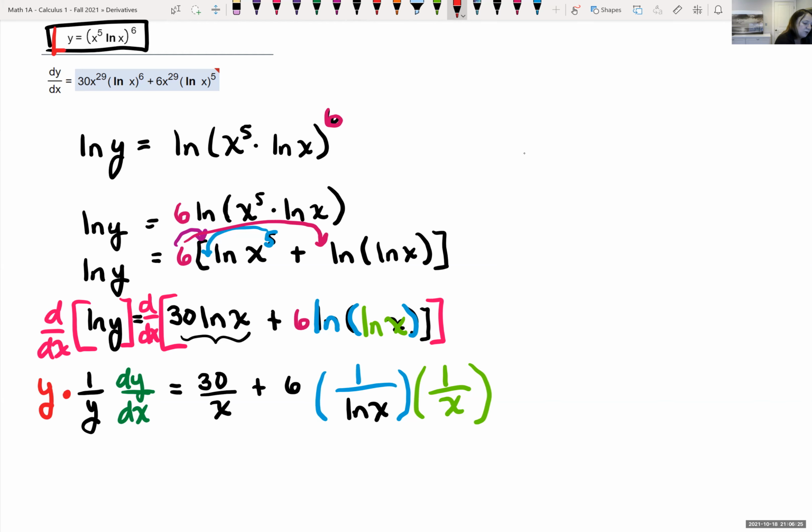And I'm going to keep what y is as parentheses x to the 5th natural log of x, raised to the 6th power. So this whole side is times y. So my y's cancel, leaving me with what I want, dy/dx.